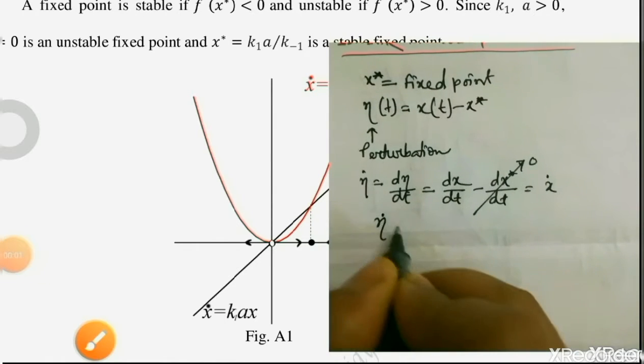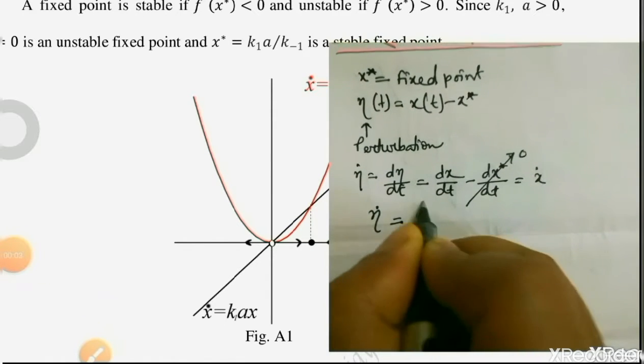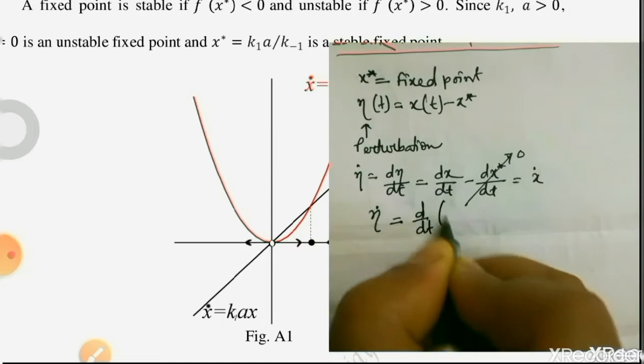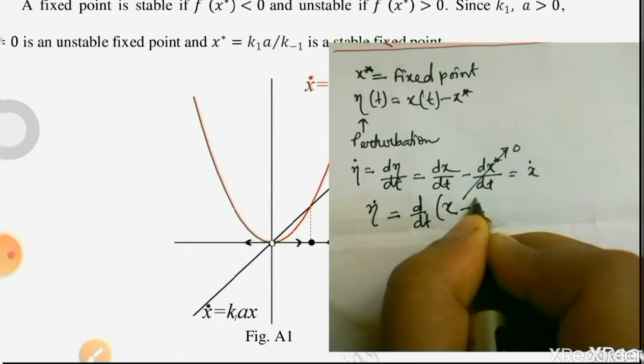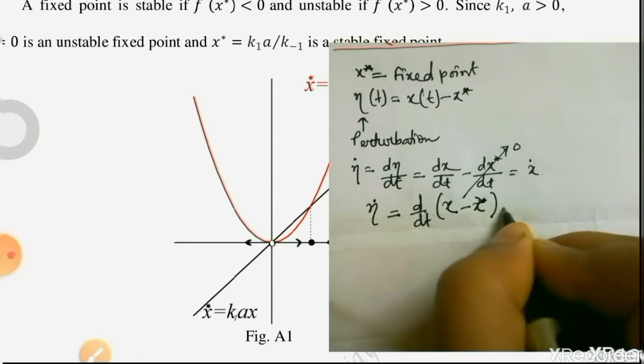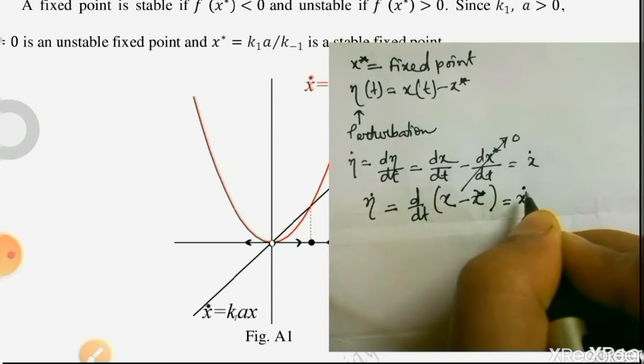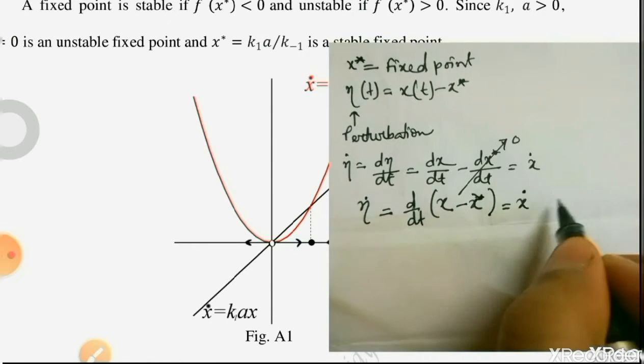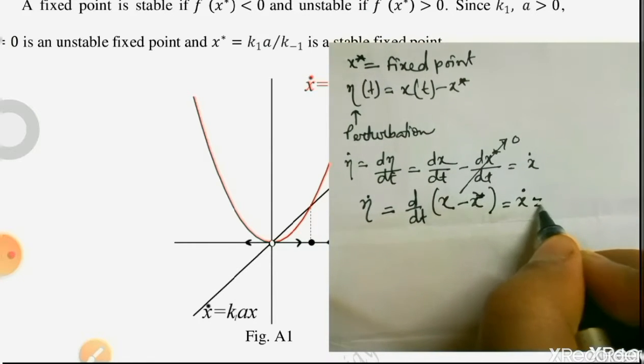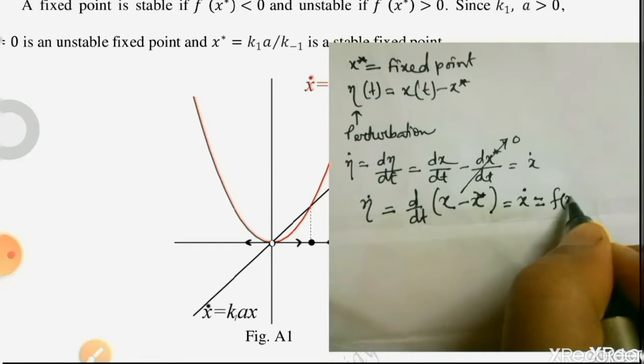Therefore eta dot equals x dot, and we have written x dot equal to f of x.